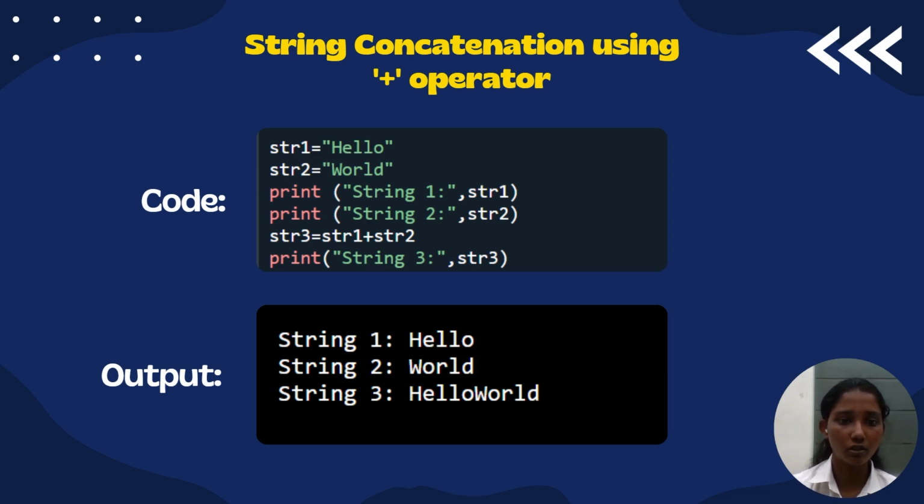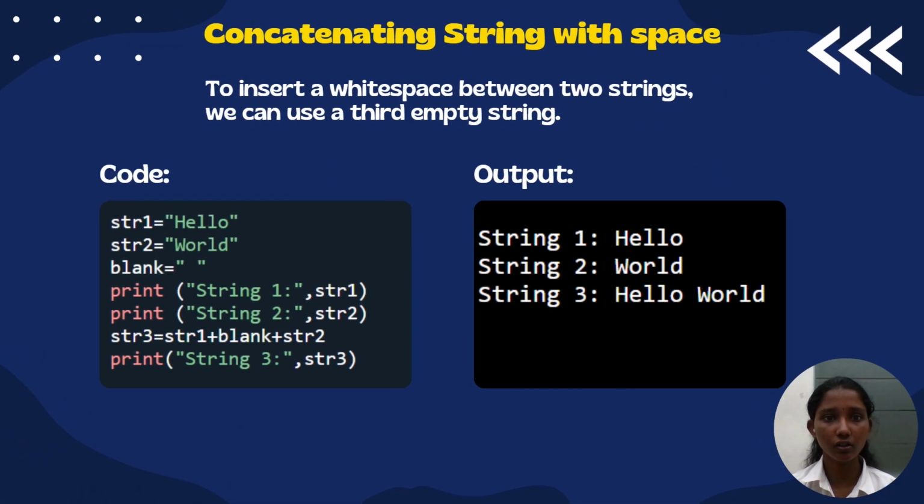Here is the output. String 1: hello. String 2: world. String 3: helloworld. Now we are moving to concatenating strings with spaces. To insert white space between two strings, we can use a third empty string. Here is the code. str1 is equal to hello.